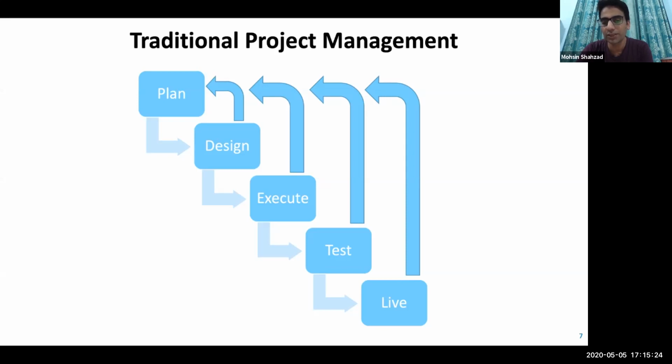So any change affects the whole plan, and the deadline can also change. That was a challenge at that time for traditional project management.